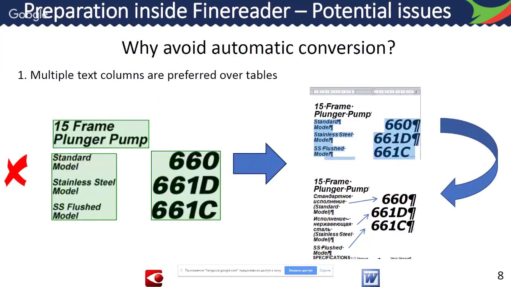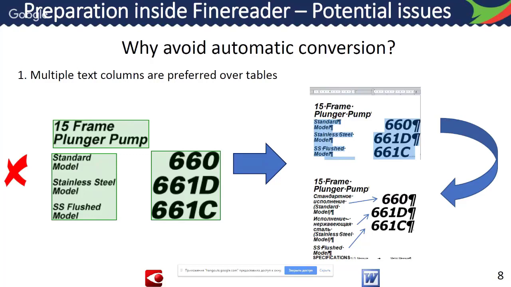So why should you not rely on automatic conversion inside Finereader? Here are some issues that you will encounter if you trust automatic conversion too much. First, Finereader prefers to use multi-column text layout. Here on the left side, you can see how recognition areas are defined inside Finereader.